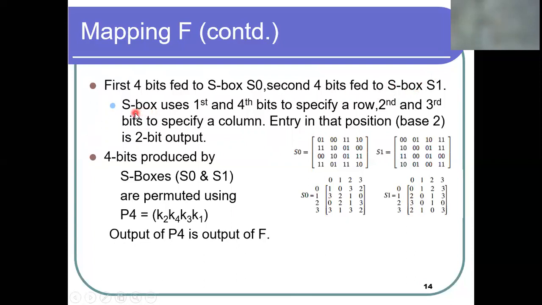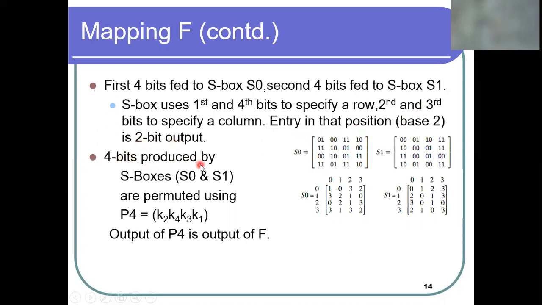So the substitution box uses the first and fourth bit to specify the row, and the second and third bit to specify the column.